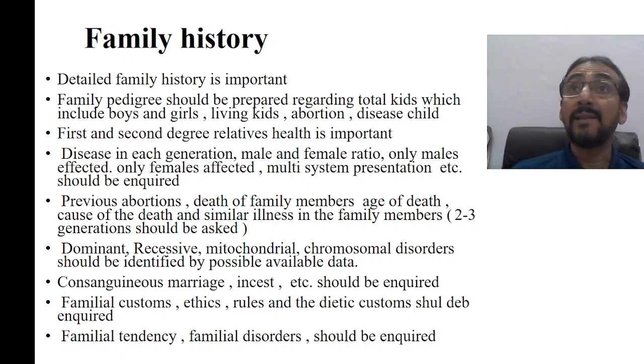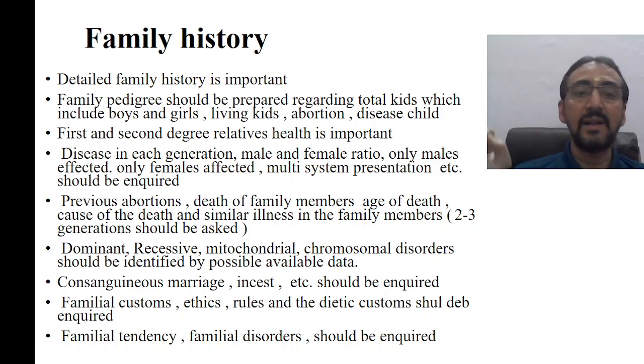Some family ethics are there because of which the child is having a problem, or dietetic customs are there, so that should also be considered, because these things change from family to family. Like a few people are strict vegetarians, and a few people take more non-veg food. Okay, like that, annaprasana, that means supplementary feeding, has been started too late according to some family customs. So like this there are different variations.